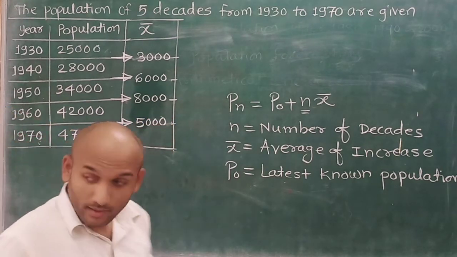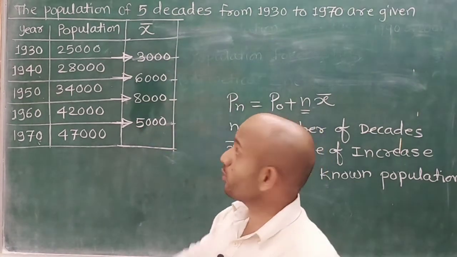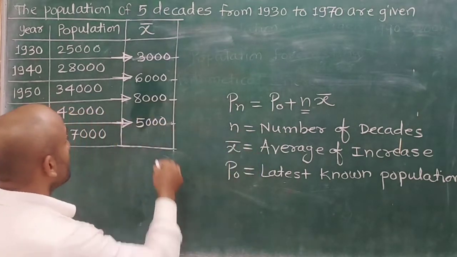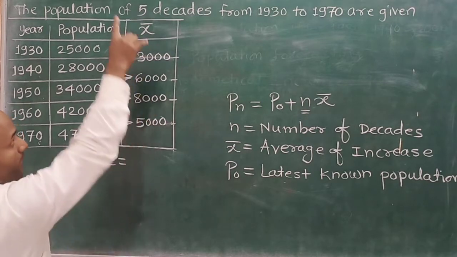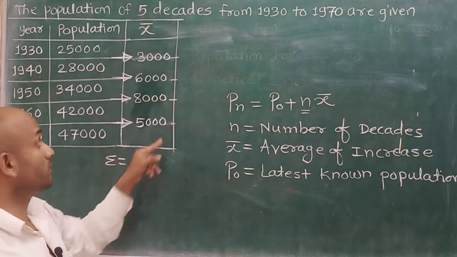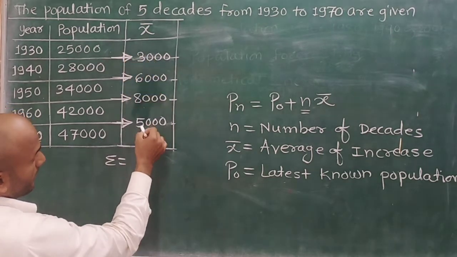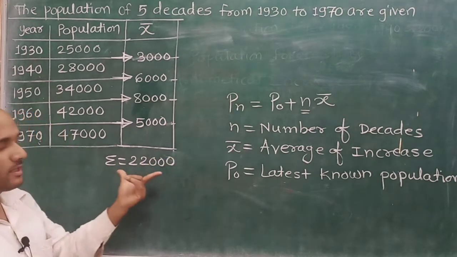So these are the increase in population values, x bar. Now take the average of these values. First, the sum of the values in the x bar column: 3,000 plus 6,000 plus 8,000 plus 5,000. 17 plus 5, that is 22,000 is the sum.